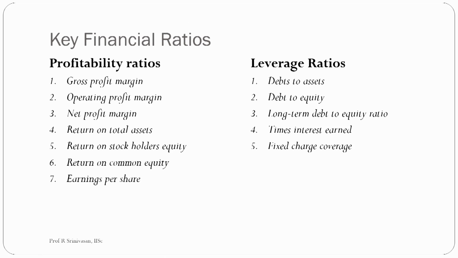So, you are getting, with respect to the sales revenue, what is the type of gross profit margin the organization is making? What is the type of operating profit margin the organization is making?